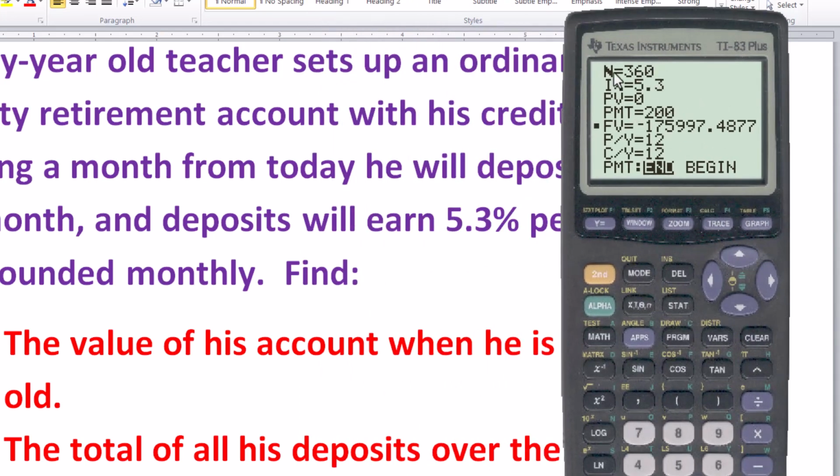So again, N, calculate number of payments, 12 per year for 30 years. So it's 360. Enter the interest rate, 5.3. The amount of the payment, 200.